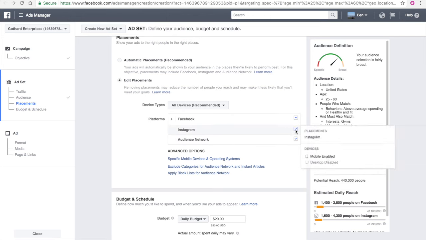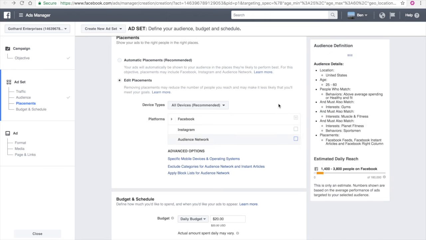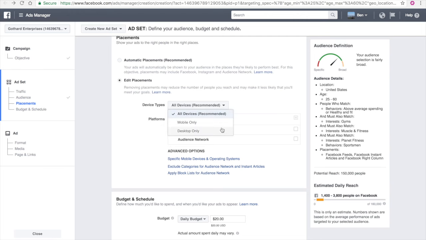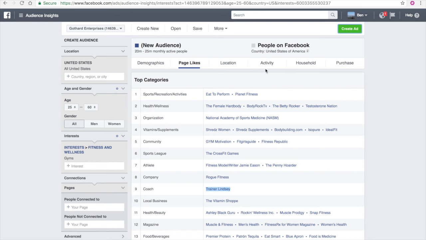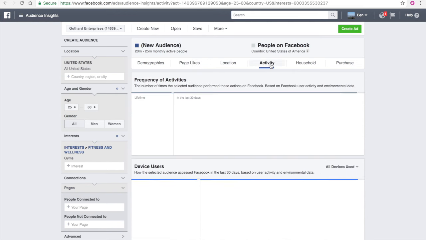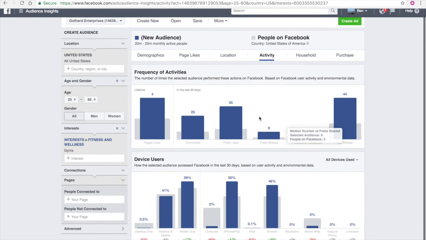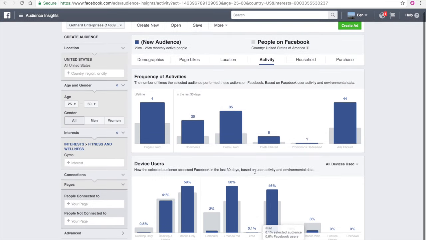Okay, so for the sake of this case study, we're just going to do Facebook. And we might do mobile only, we might do desktop. Let's actually go check out our audience insights, and let's see what devices they're using. Okay, so we see that a lot of these people predominantly are using desktop and mobile, or just mobile.